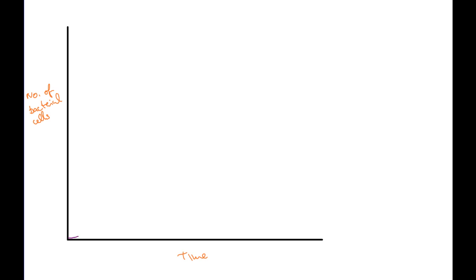The first stage will be a slow-to-start kind of stage, and that first stage is what's known as the lag stage. I'll just put in some labels here. This stage here, stage A, is the lag phase.